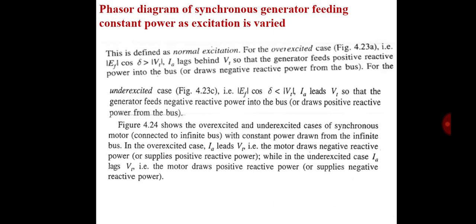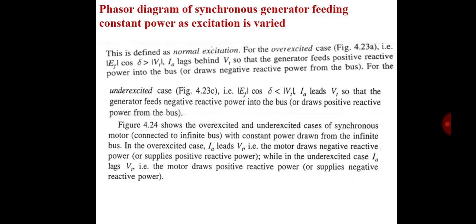Now this is defined as normal excitation. We see what is under excitation and normal excitation. When normal excitation, we see the unity power factor. For the over excited case, Ef cos delta is greater than Vt.